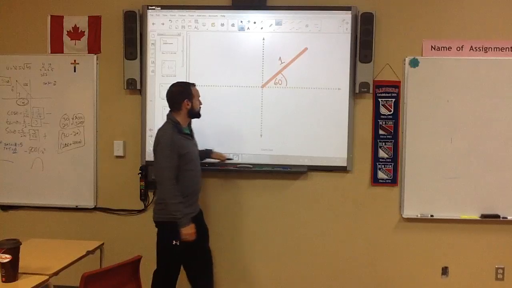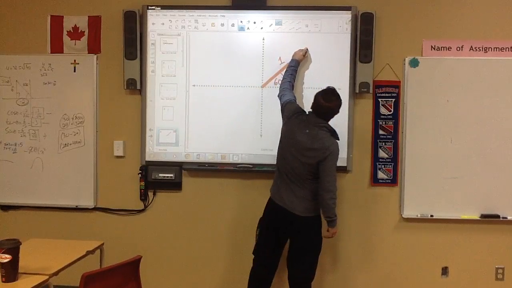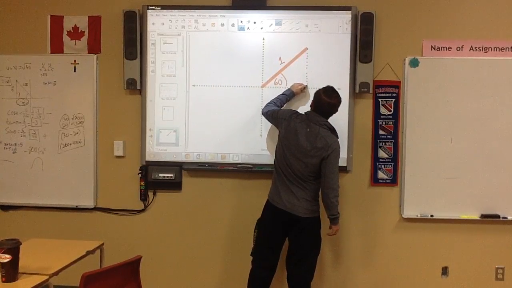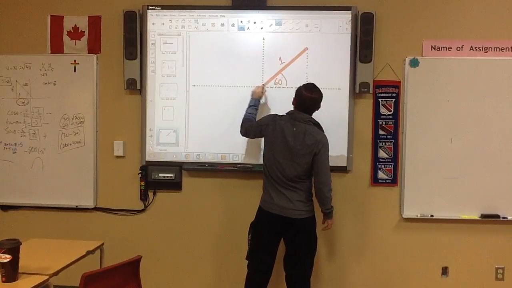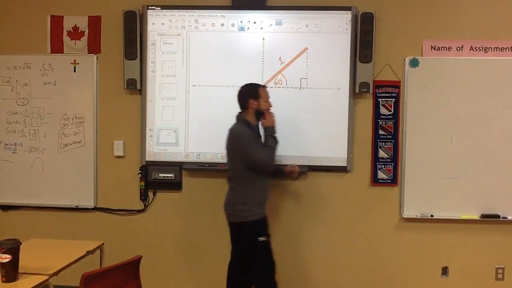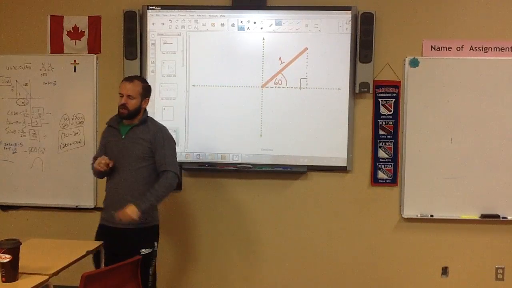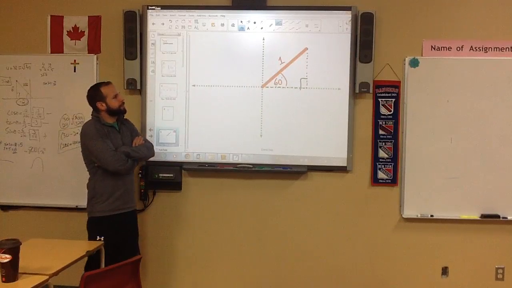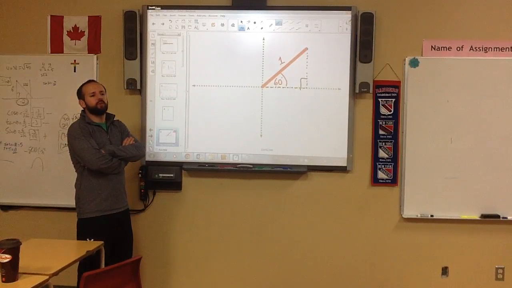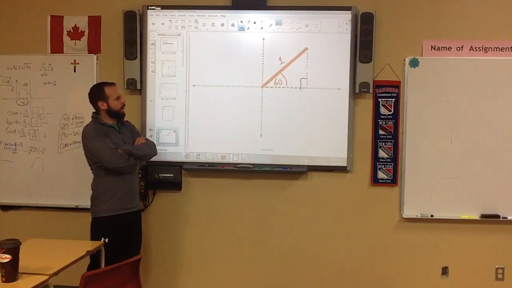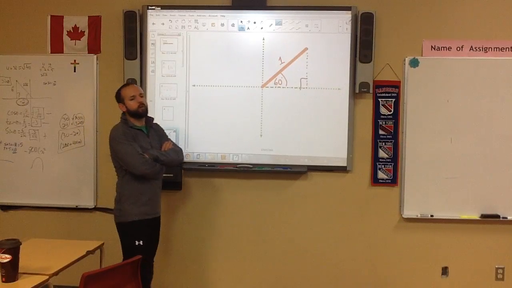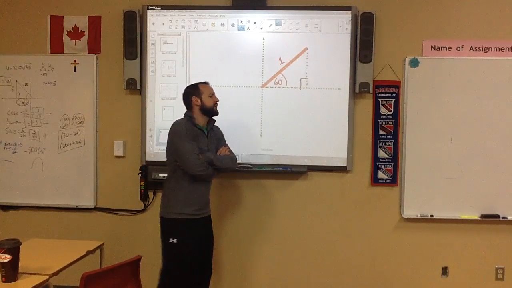Can I create a right angle triangle from this? Absolutely. Okay. Now, I'm going to show you this one way. There is another way to solve it, but it kind of gets a little hairy.